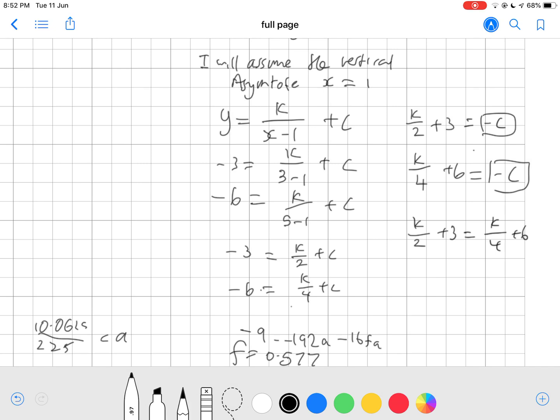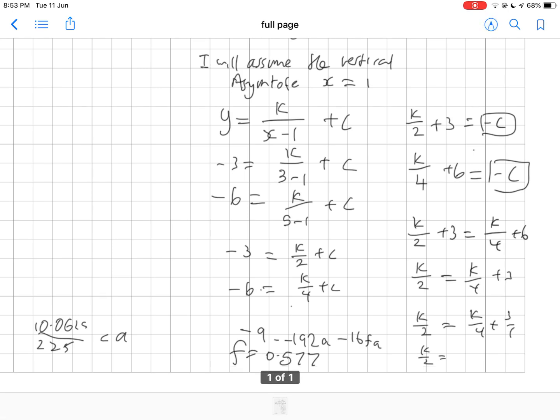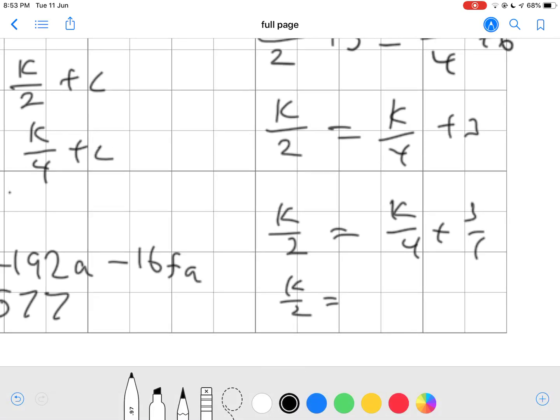And now we move the plus 3 to the other side, so k divided by 2 equals k divided by 4 plus 3, and then k divided by 2 equals k divided by 4 plus 3 over 1, which is k plus 12 divided by 4.